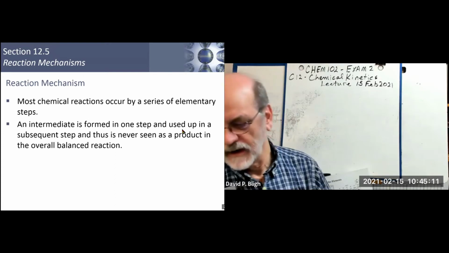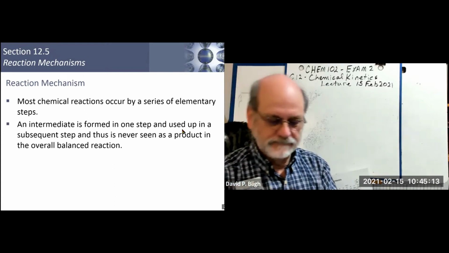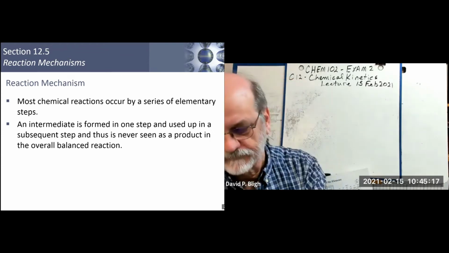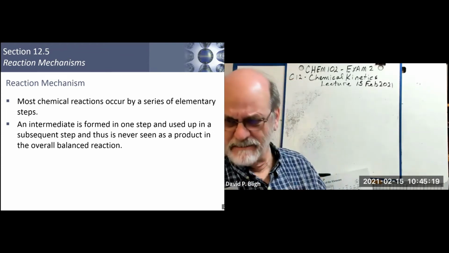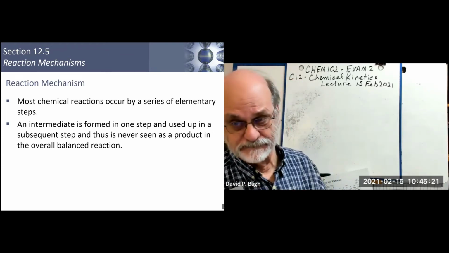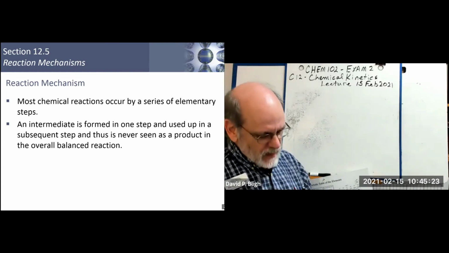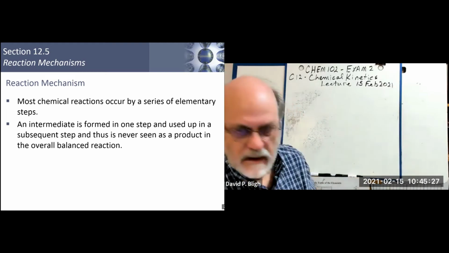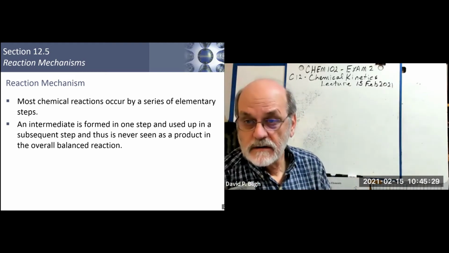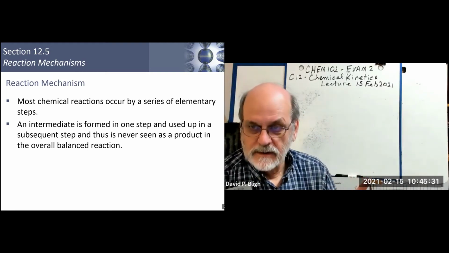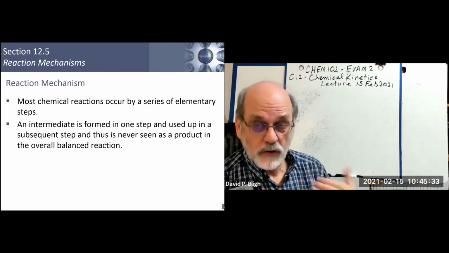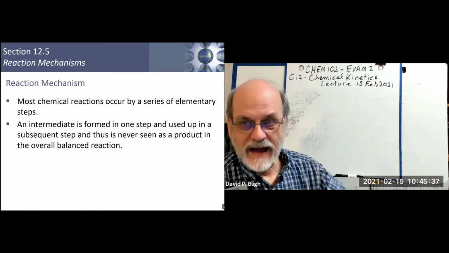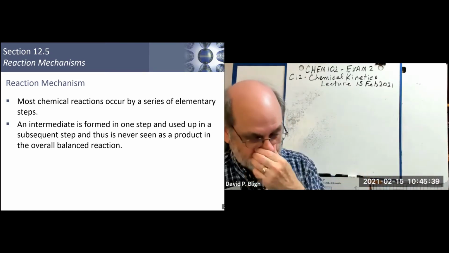Now we can talk about mechanisms. So what do we mean by a mechanism? A reaction mechanism is a series of steps that a reaction actually goes through between reactants to products.